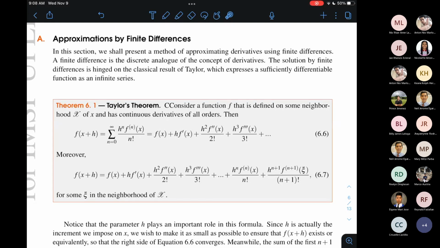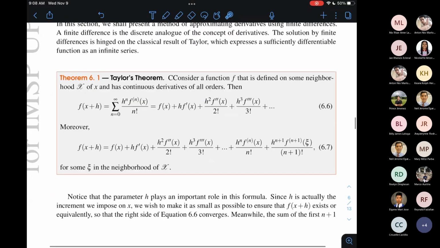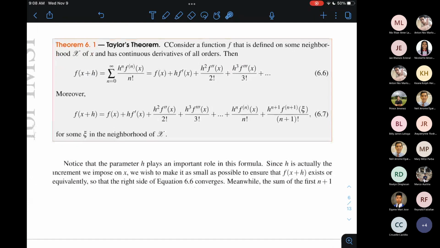And the cornerstone of approximation by finite differences is Taylor's theorem. So babalik tayo sa Math 38. So hopefully from Math 38, you know that if your function is infinitely smooth, so ibig sabihin si f at ang lahat ng kanyang derivatives of any order ay continuous, then f of x plus h can be written as this infinite series.